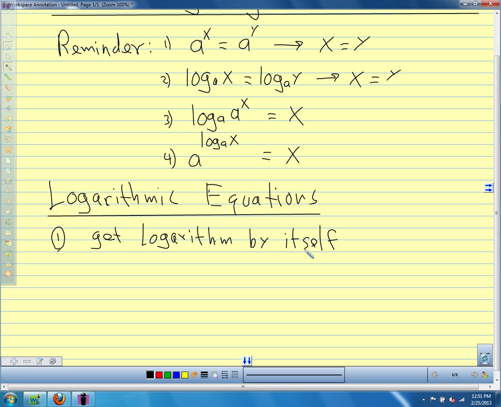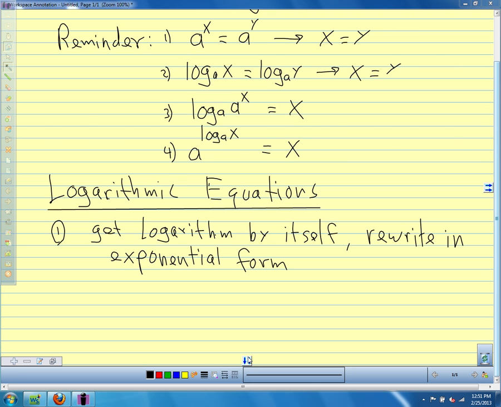So we're going to get the logarithm by itself on one side of the equation and then rewrite in exponential form. So that's one way that we're going to solve logarithmic equations.